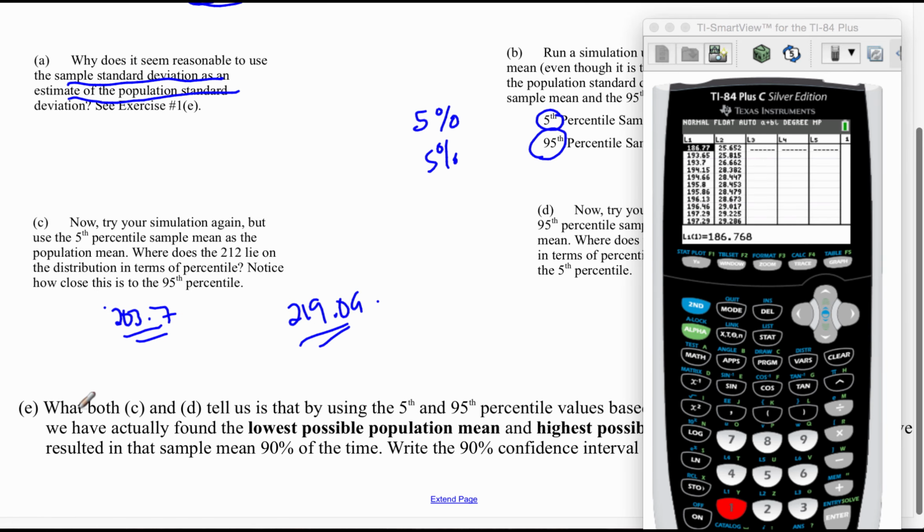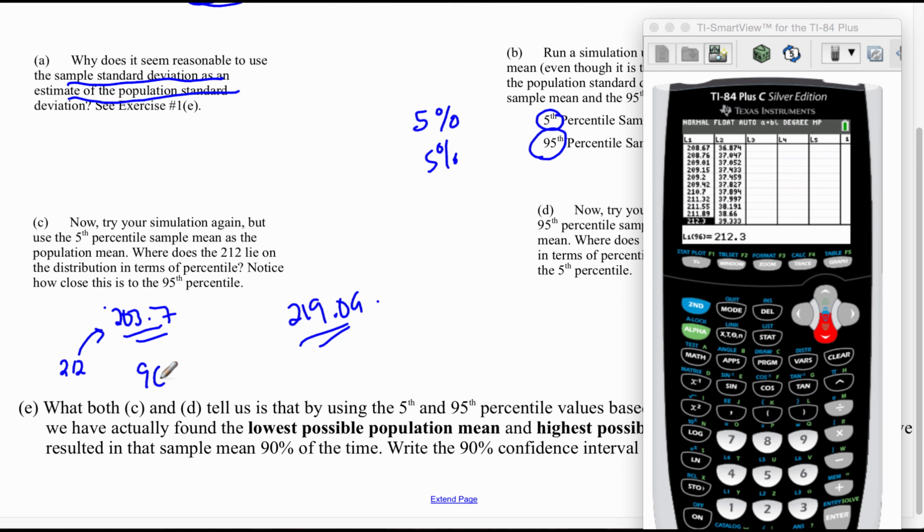All right, so I actually ran it with the 203. And I want to see where 212, because that's our average, would lie on a bell curve that had 203 as the mean and a standard deviation of 34. If I look in here, I've got to find 212. Wow, you can see that 212 is going to be on the high end. 211.89 is 95, so 212, let's call it the 96th percentile, which we would expect.